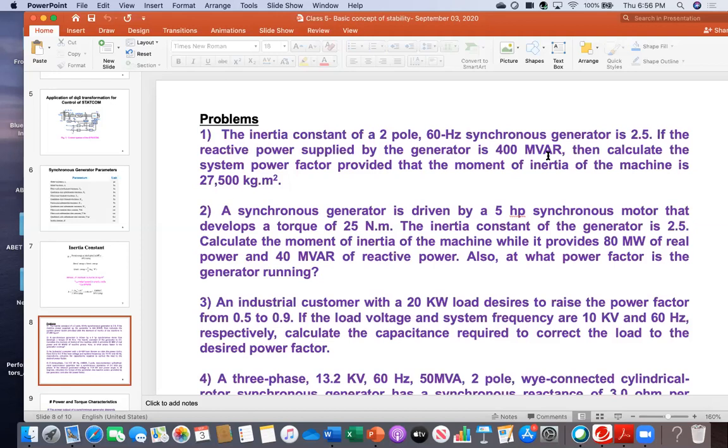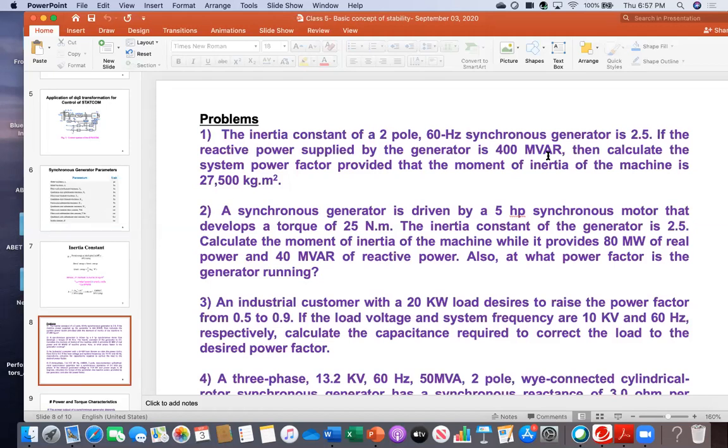You have to make a relationship between horsepower and torque in Newton meter. I think horsepower is torque times RPM over 5,252. From the horsepower, you have to convert into watts by 746. Then power is torque multiplied by the speed in radian per second.